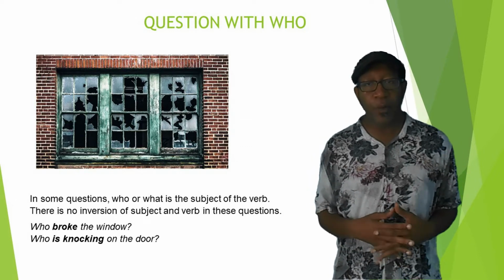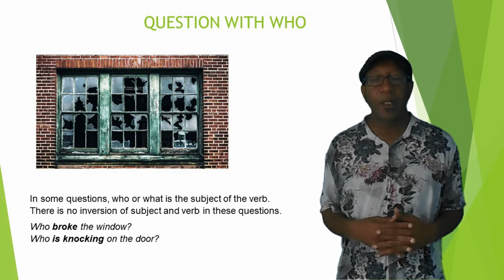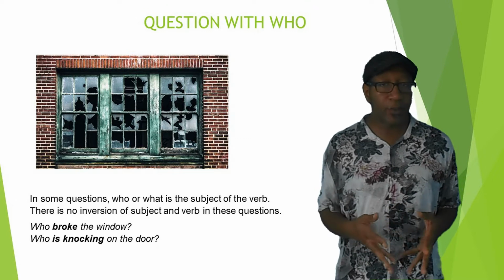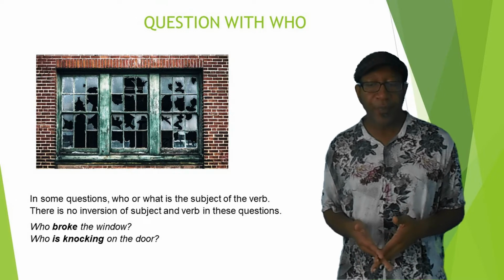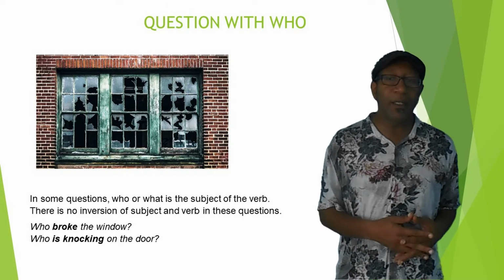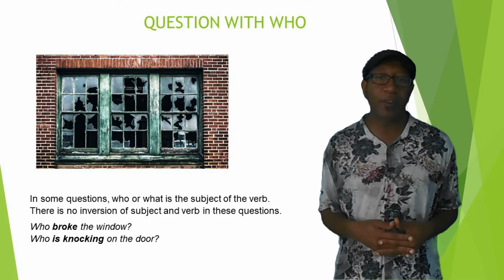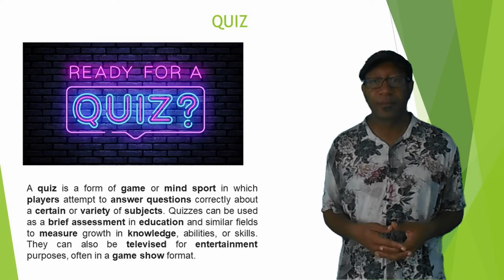These are two examples where you don't follow the previous structure, where we use an auxiliary verb and so on and so forth. In this case, you use only the main verb. So there is no auxiliary verb to make the interrogative form when you use who or what.